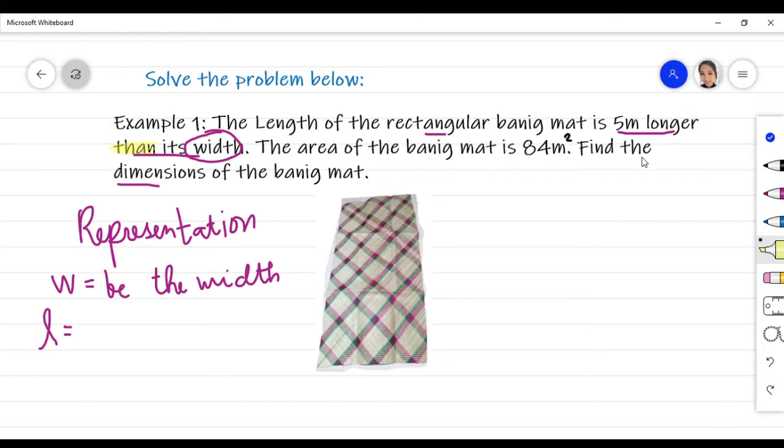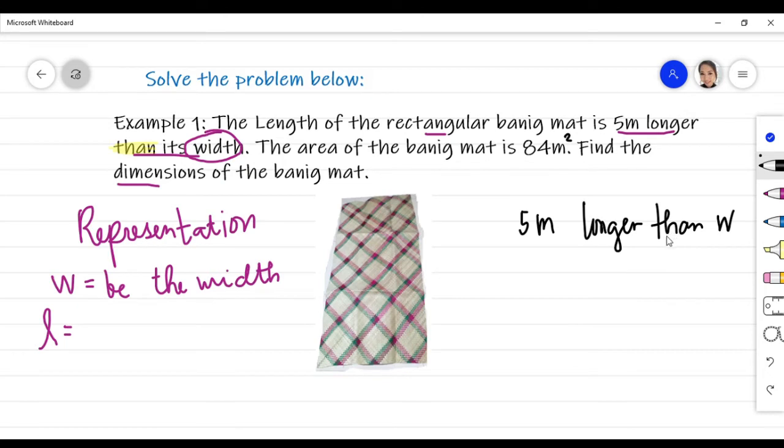If we will translate that, 5 meters longer than the width. So let's replace it with W because we already wrote here that W is our width.